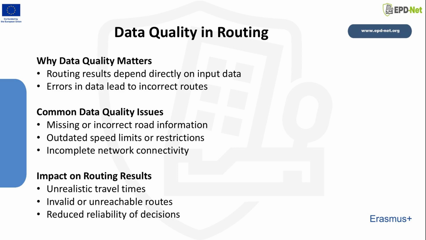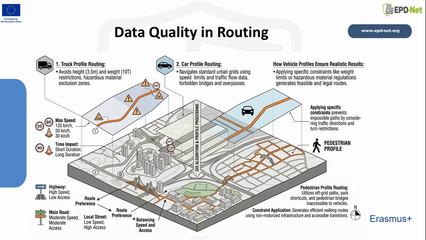Incomplete network connectivity can also prevent routes from being calculated correctly or lead to unrealistic routing results. Poor data quality can cause incorrect travel time estimates, invalid routes, or unreachable destinations. For this reason, maintaining high-quality and up-to-date spatial data is essential for producing reliable and meaningful routing analyses.